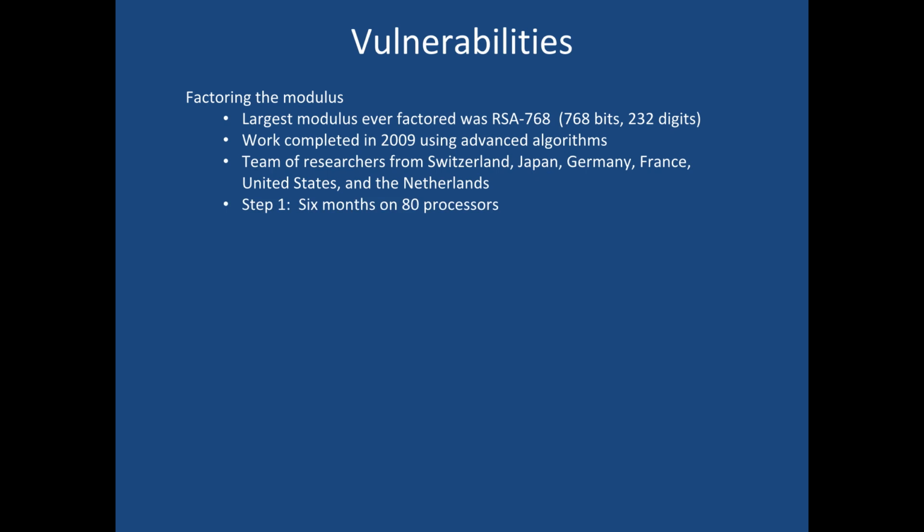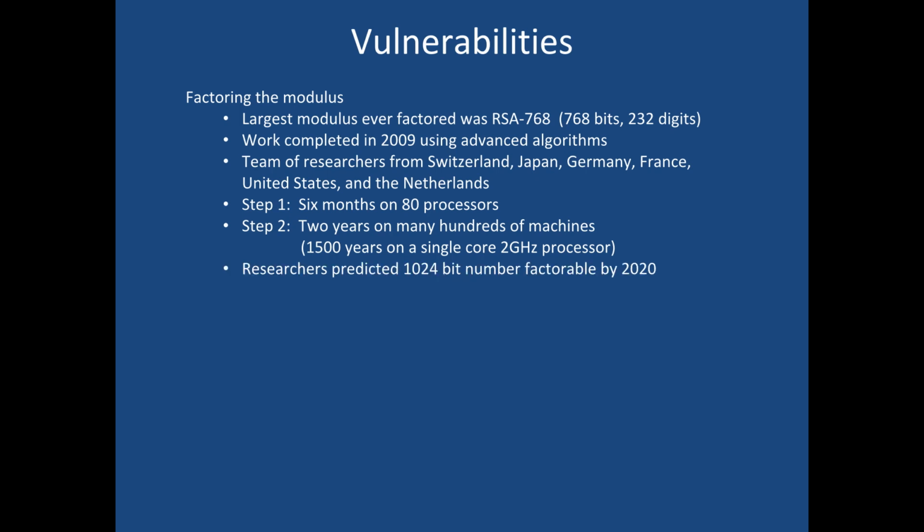Step 1 took 6 months on 80 processors. That was the pre-processing step. Step 2 took 2 years on hundreds of machines, and they estimated on a single core 2 gigahertz processor it would have taken 1,500 years. So a lot of computer time. And they factored it, and then they predicted that by the year 2020, which is just next year, a 1024-bit number would be factorable.